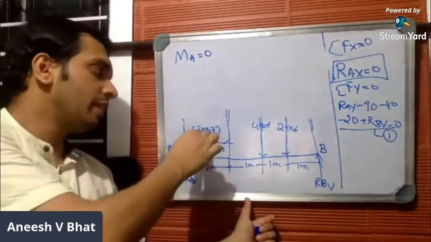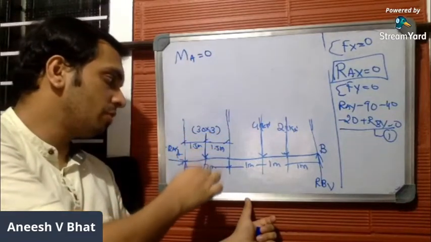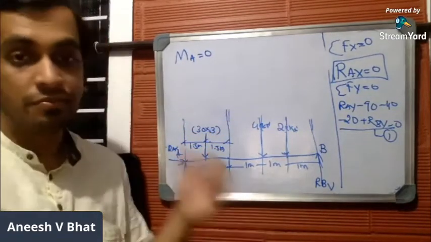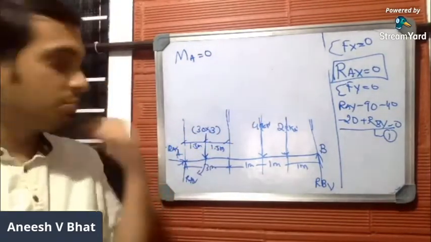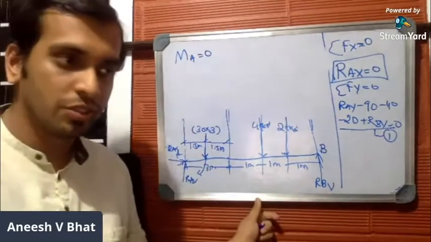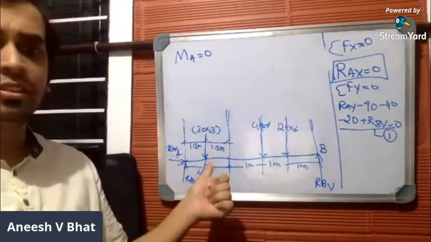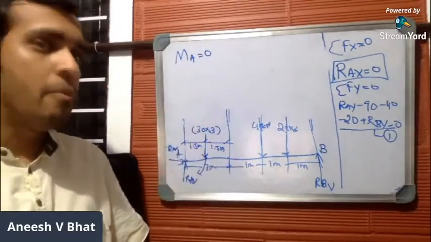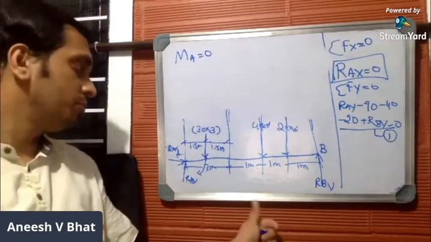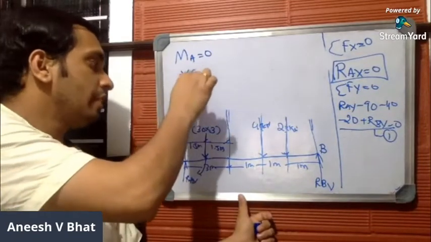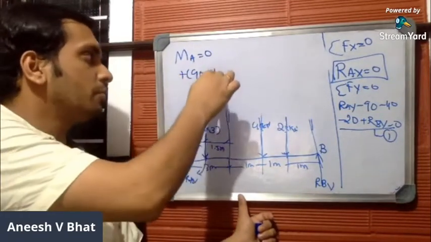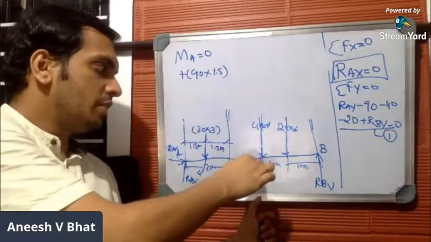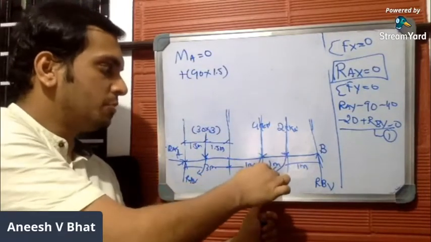Check whether this force of 90 kilonewton magnitude produces a clockwise or anti-clockwise moment. It produces a clockwise moment, is it not? So it is plus 90 into the perpendicular distance, which is 1.5. Please check it. Even this produces a clockwise moment, and even this produces a clockwise moment.